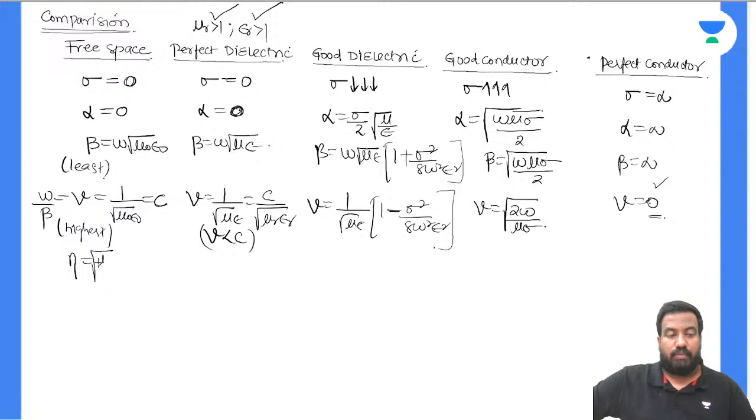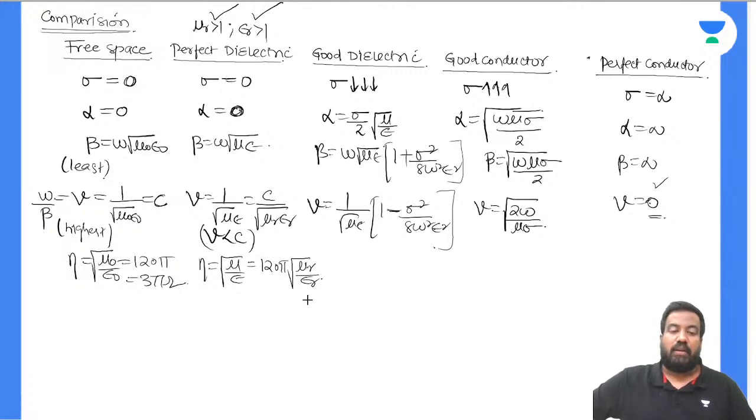Eta value, the intrinsic impedance, is under root of mu naught by epsilon naught, which is 120 pi or 377 ohm. For a perfect dielectric, eta is under root of mu by epsilon, which is 120 pi into under root of mu r by epsilon r. In most practical cases, mu r is equal to 1 and epsilon r is greater than 1.